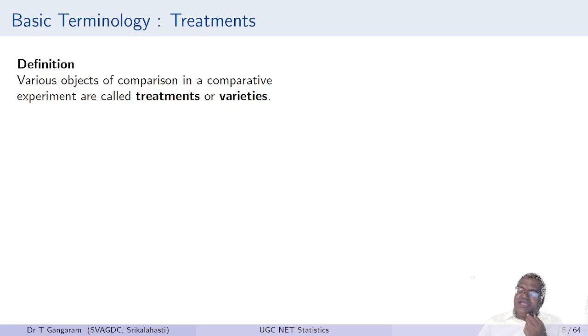Let us look into the basic terminology. The various objects of comparison in a comparative experiment are called treatments or varieties.